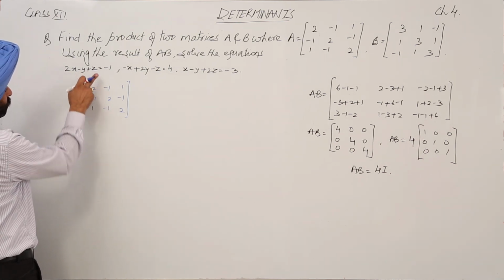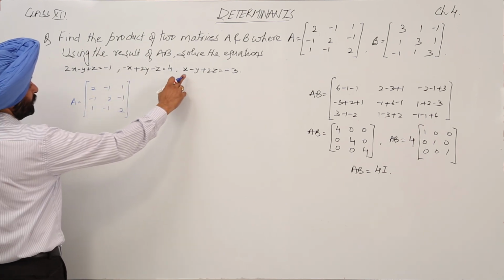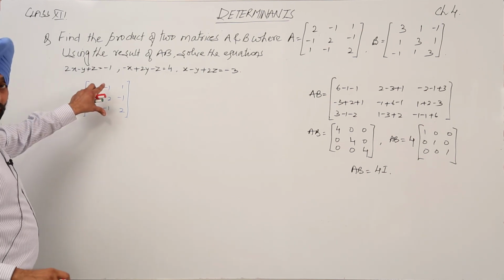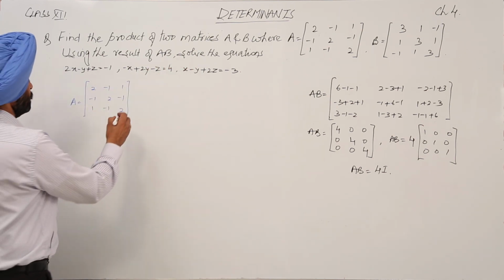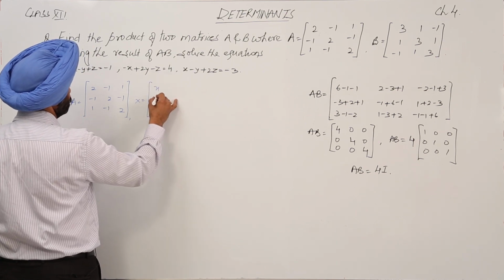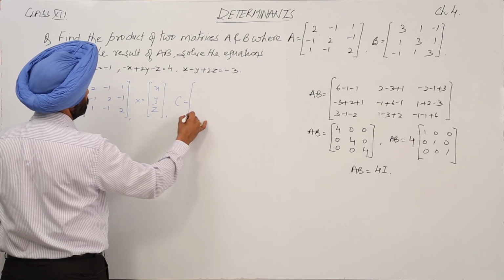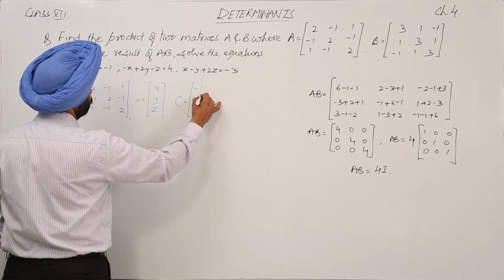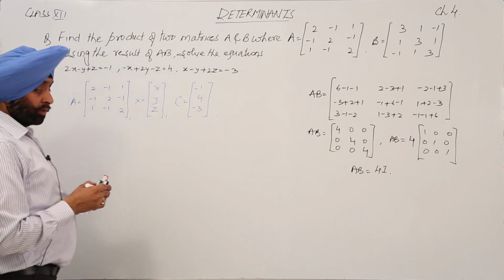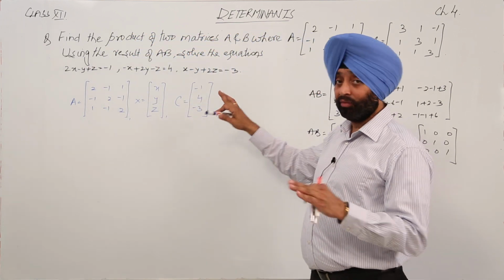It means this formation is for A. Then we have X equal to x, y, z, and capital C is equal to minus 1, 4 and minus 3. So we have written the equations in matrix form.